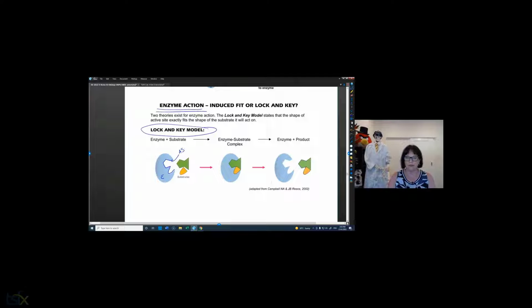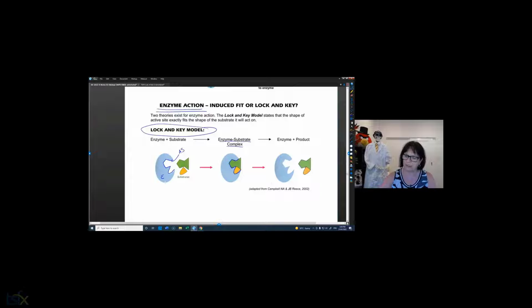And what we have is the enzyme joins to the substrate. We call it the enzyme substrate complex. And you can see how those substrates have completely fitted into that active site perfectly. When that happens, those substrate atoms move around and form products.